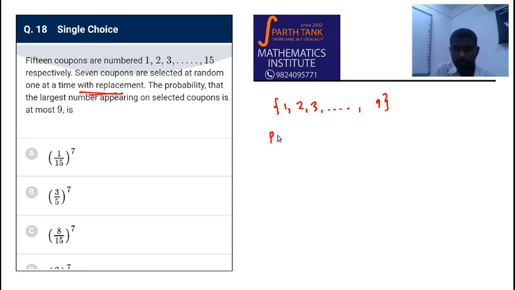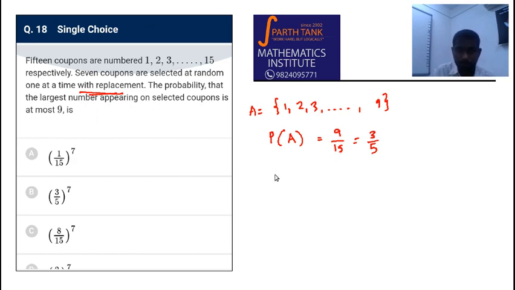So the chance of getting our event, let us call that event A, is 9 by 15 or 3 by 5 in one trial. If I am just picking one coupon, then there is 3 by 5 chance for it being less than or equal to 9, right?